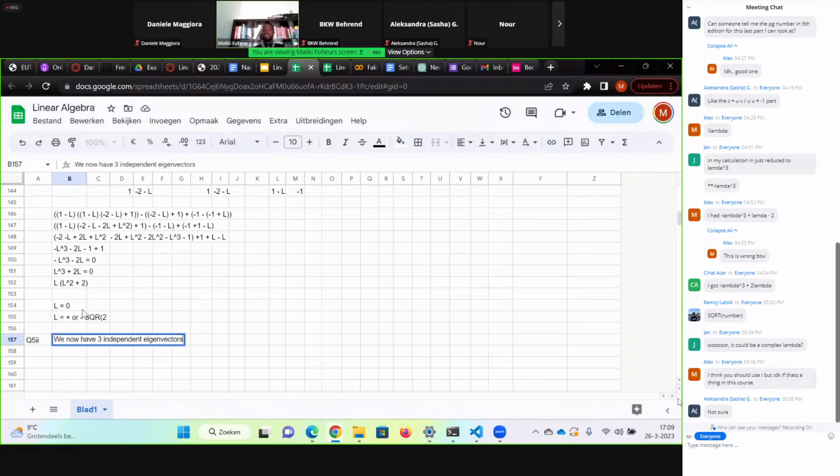That's why I conclude that we have three independent eigenvectors. We have not computed the eigenvectors again, but we know we have three independent eigenvalues. So we can conclude that the matrix is diagonalizable. So yes.